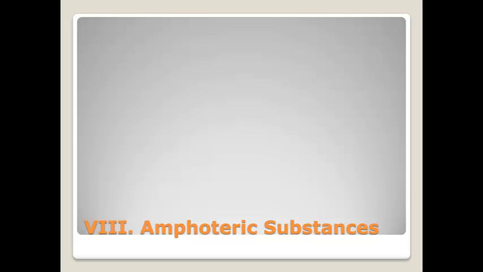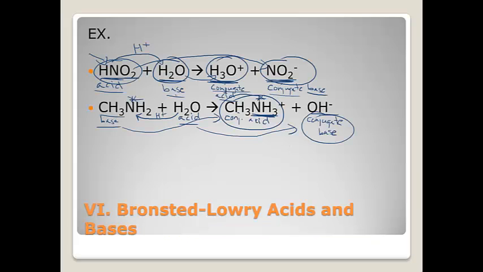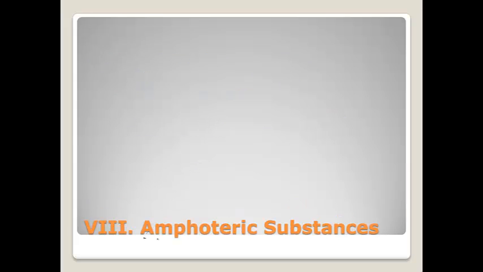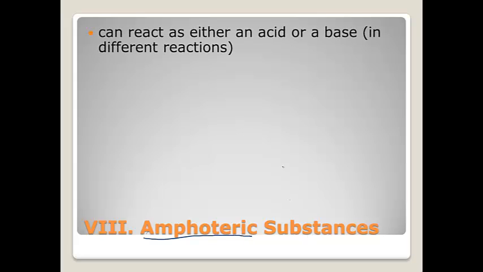Now take a look. Water is a base, and water is also an acid. So what's water? Well, some substances can act as amphoteric substances. What is an amphoteric substance? It can act as either an acid or a base, but not at the same time. It has to be in different reactions.